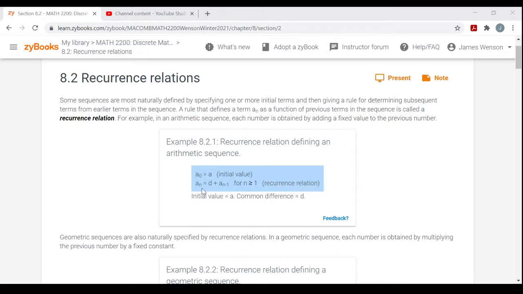If I want a sub n, I take a sub n minus 1, the previous term, and then add d. This is for starting with index 1. And this is the way every recurrence relation will look. You'll have some initial value or values stated, and then a formula showing you how to get one term by using previous terms.